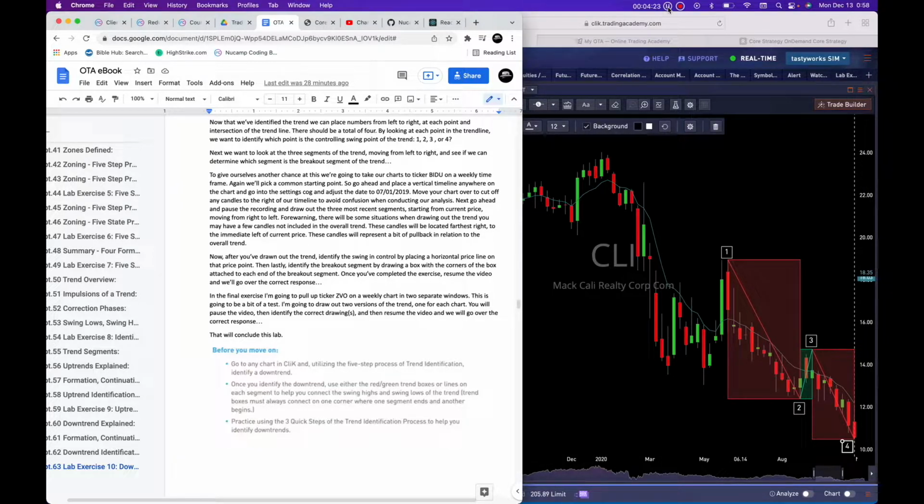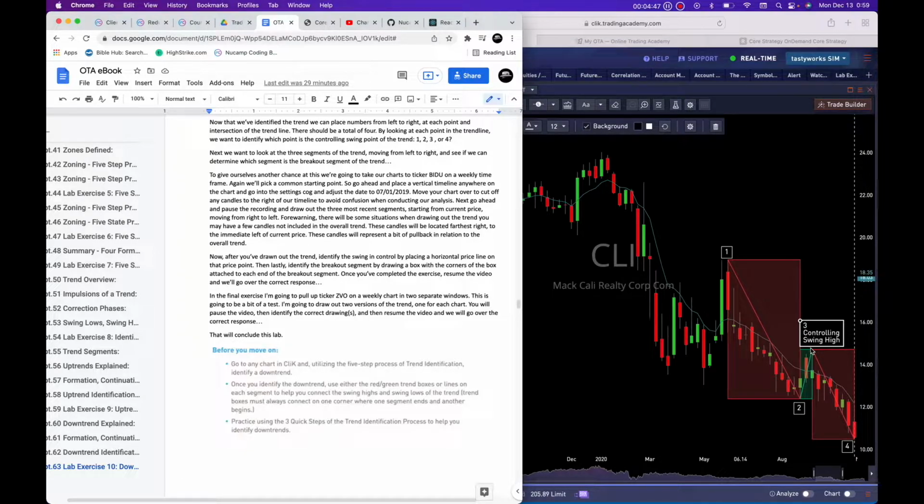All right, and the correct answer is swing point number 3. We had the high, we had the low, and then we had the lower high. Okay, so the swing in control was swing number 3, the lower high.